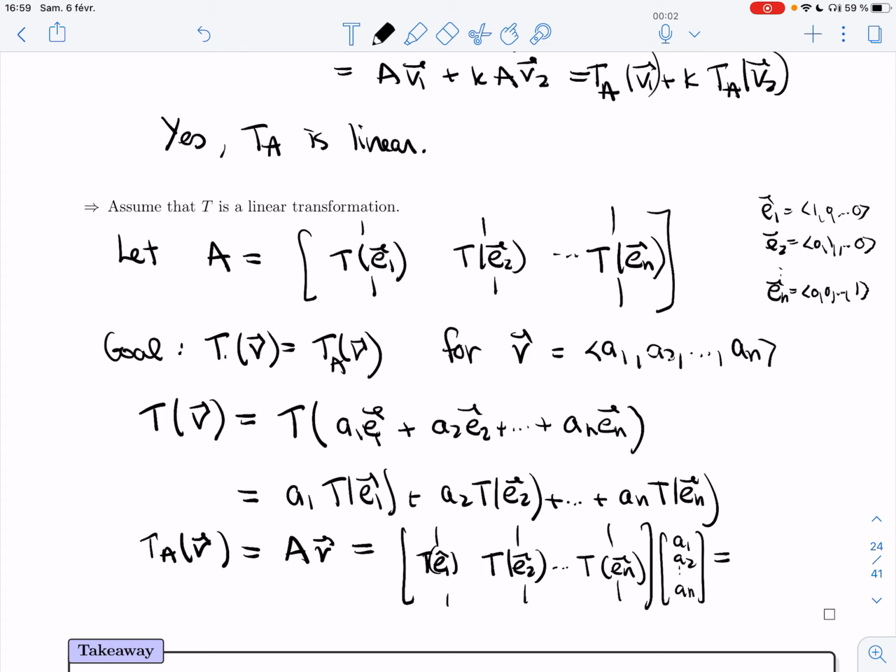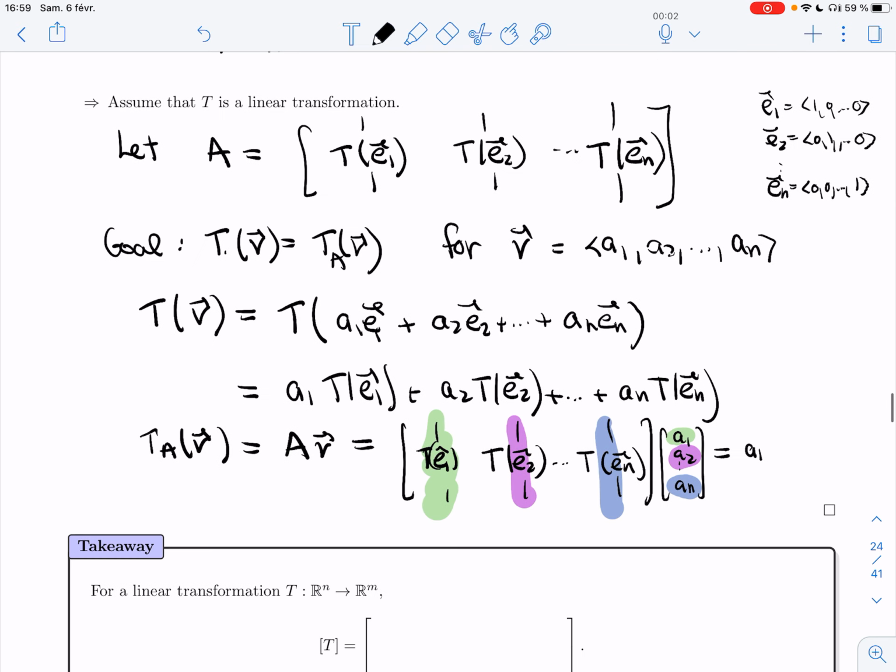All right, so when I take this product, a1 is going to multiply with the first column. a2 is going to multiply the second column for every row, right? For the first row, for the second row, for the third row, and so on. And so what I'm going to get is a1 T(e1) plus a2 T(e2) plus an T(en).